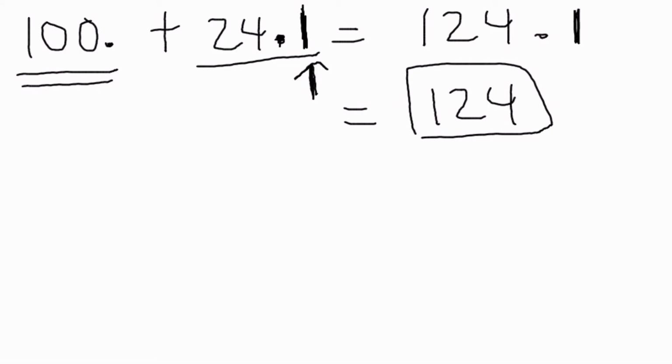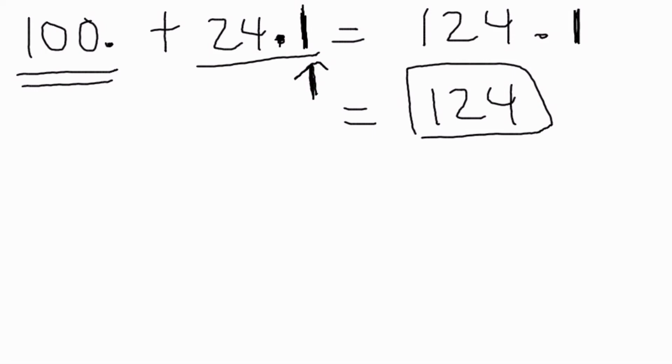Now, let's look at the rule for multiplying or dividing numbers. When we are multiplying, the rule tells us that we have to look at the number with the least number of significant figures.